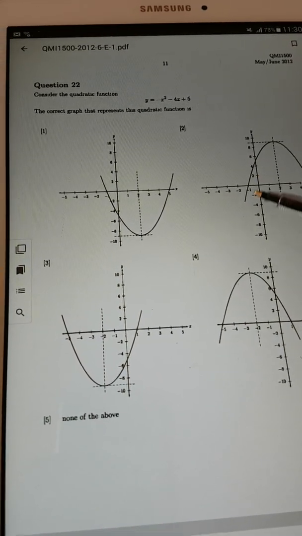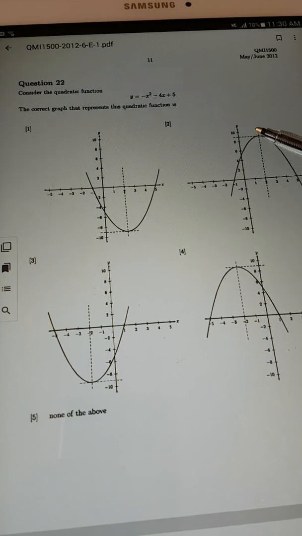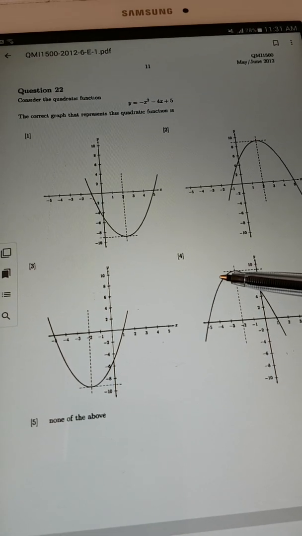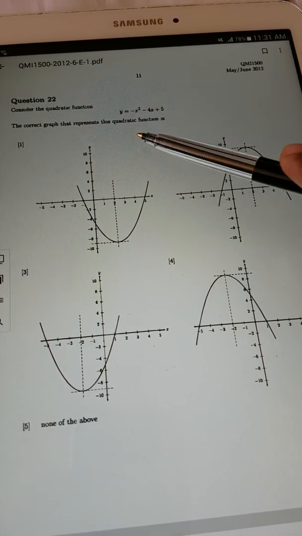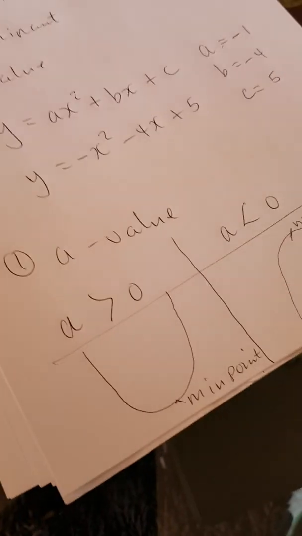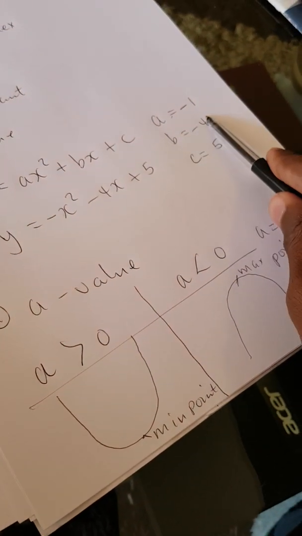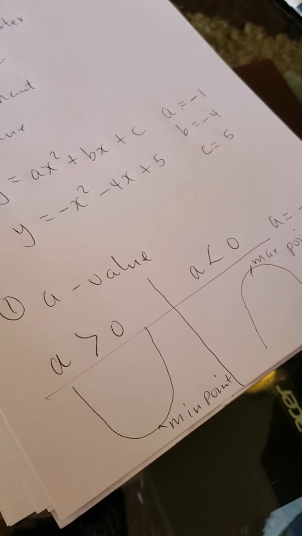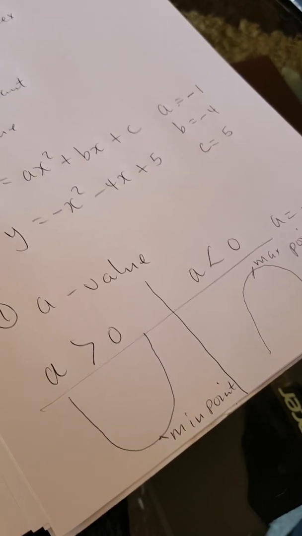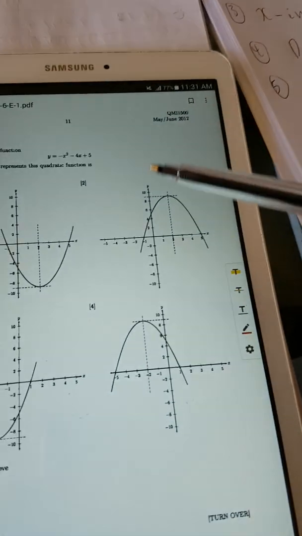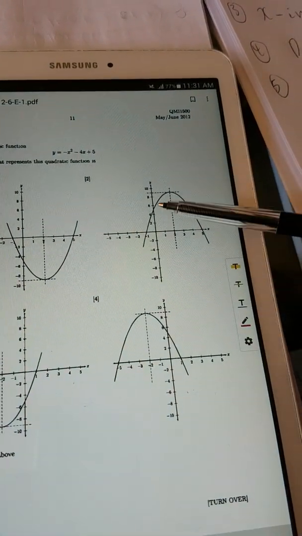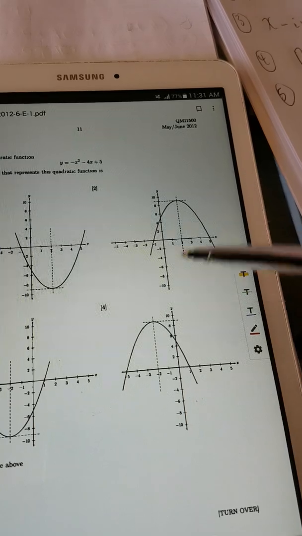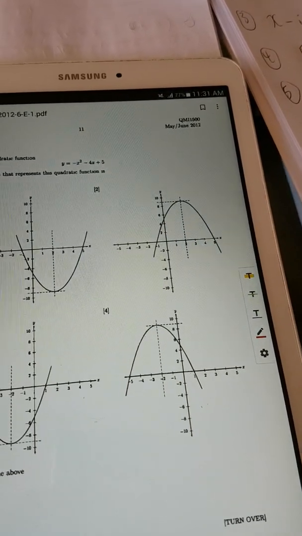Graph number 2 and number 4 have a maximum turning point, because our a is negative, it's -1. So now we are done with a, and the correct option is going to be 2 and 4, since they both have a maximum turning point.